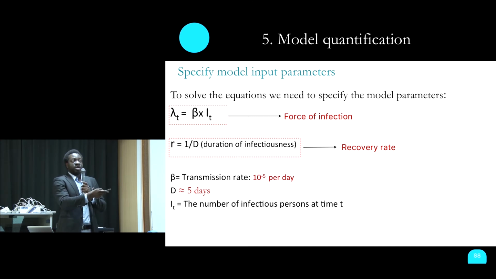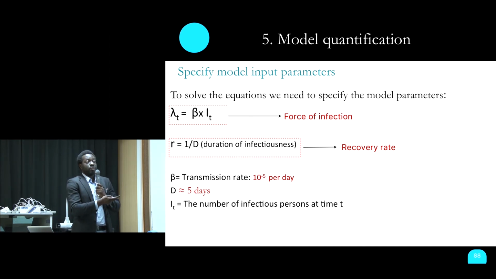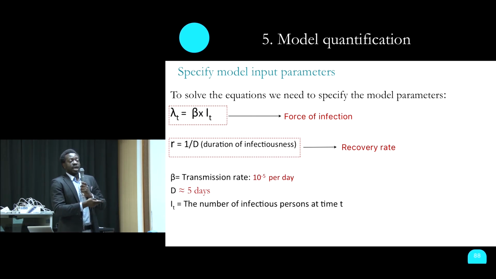So the number of infectious people in a given population gives you an idea about the risk of transmission in that population. Regarding the recovery rate, how long it takes someone who was infectious to become immune, you can estimate it by just doing 1 over the duration of infectiousness. So if you know the duration of infectiousness, you know the recovery rate.